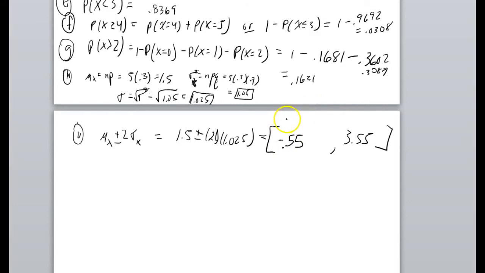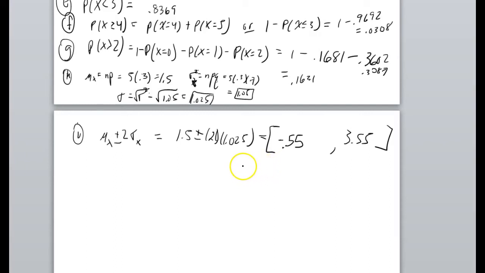And now it wants us to find the probability that x will be in the interval. Okay, so now because we have a discrete function, we have to figure out how many x's are in this interval. So we kind of just count up the x's that are in the interval, and then we add up their probabilities.